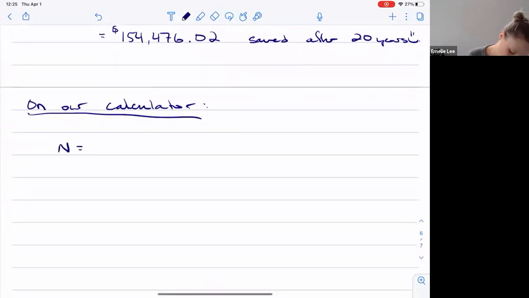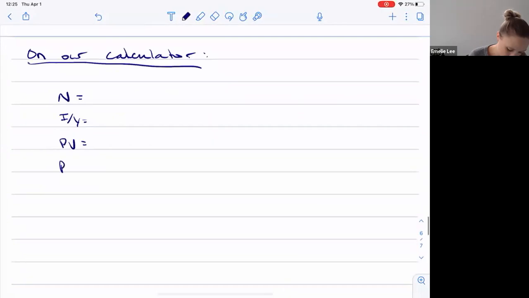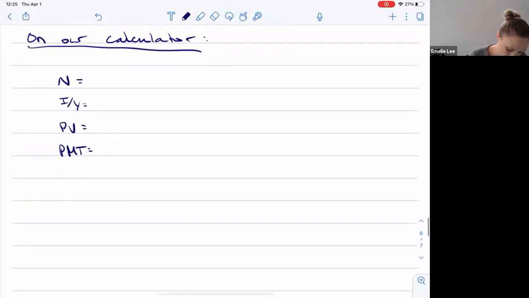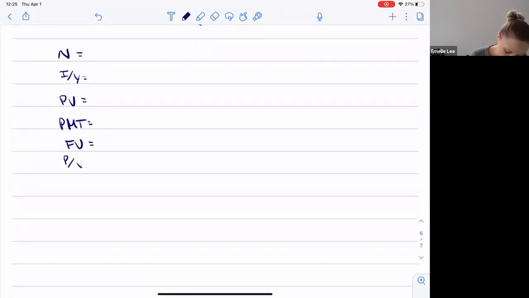But for now, we need the interest per year, we need the present value, we need the PMT, we need the future value, we need the payments per year, the compoundings per year, and beginning or end.